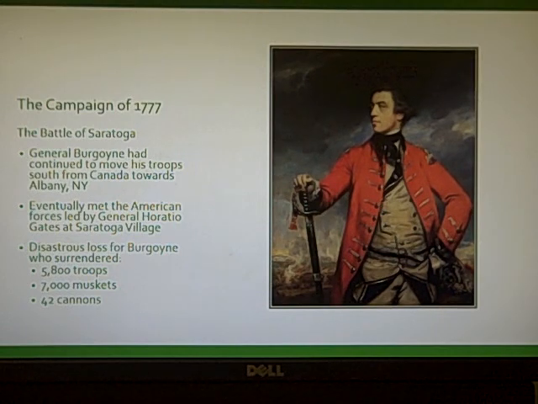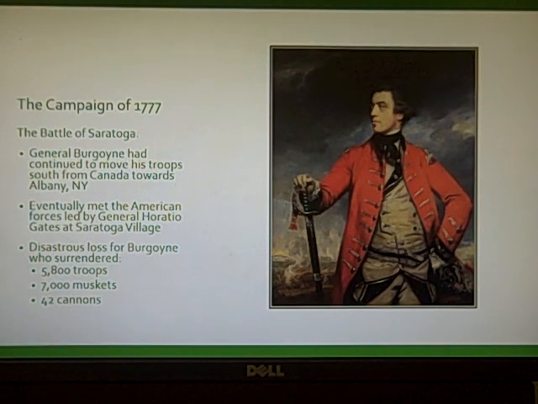Burgoyne is going to lose a whole bunch of military supplies, right? But the very fact that this massive British army is able to be defeated by essentially a bunch of farmers with pitchforks, right? I mean, that's kind of what they are.